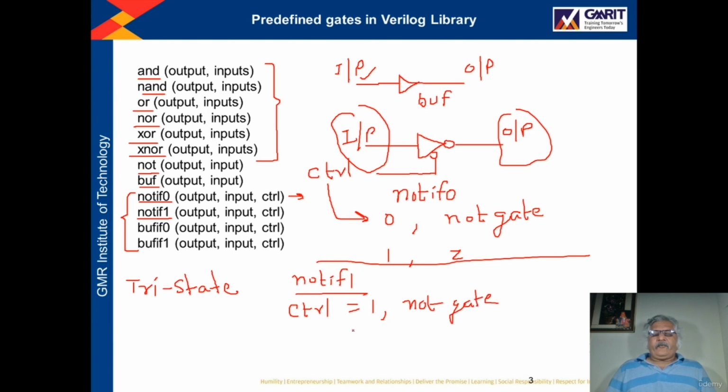And if the control input is 0, then it is in high impedance state, right? So this is about notif1.